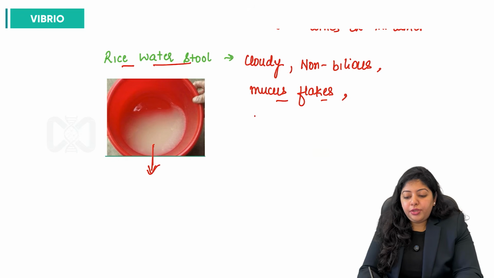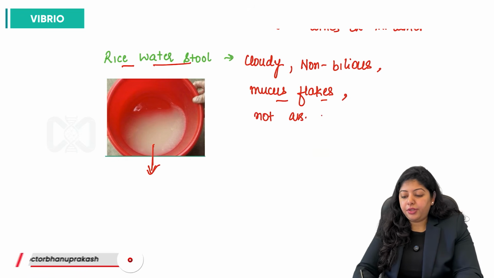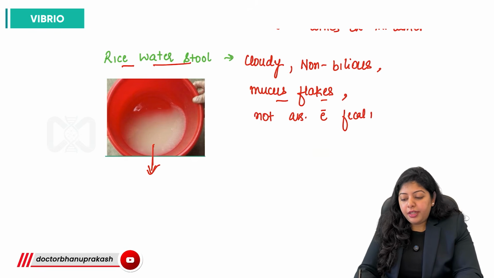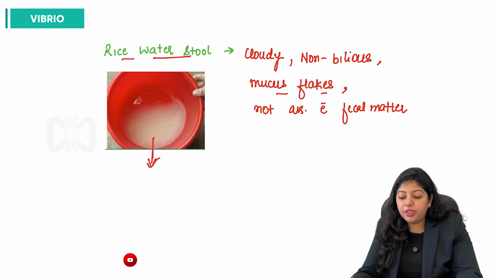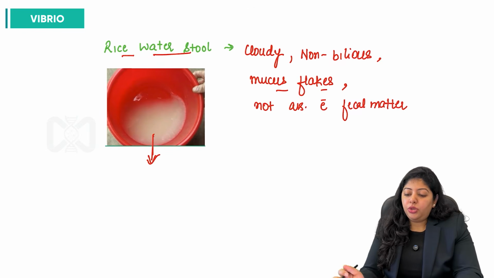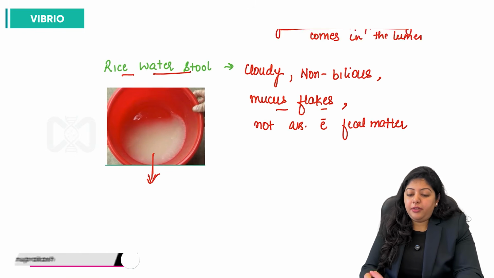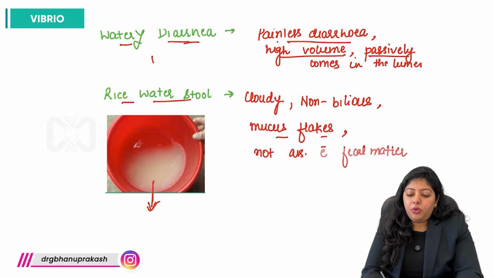And they are not associated with any fecal matter. It is just the water that comes passively because of the sodium chloride, so it is not associated with fecal matter, and no RBCs. For watery diarrhea, no RBCs or pus cells would be visible under the microscope, right?